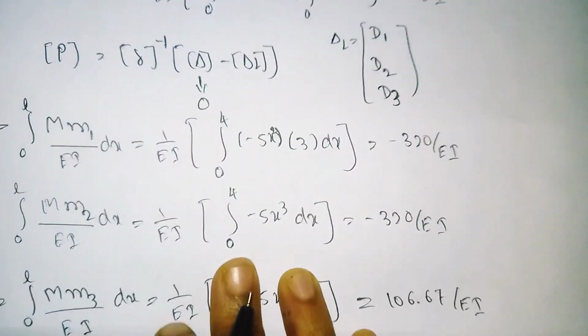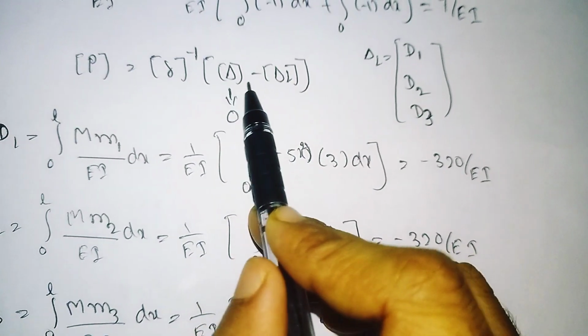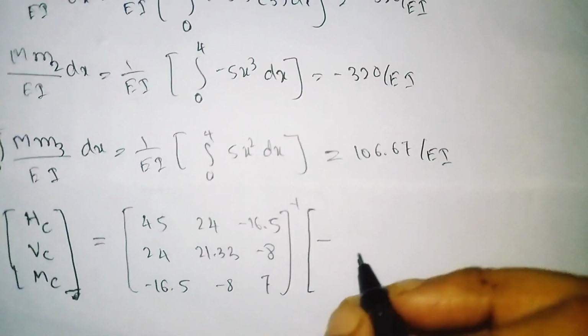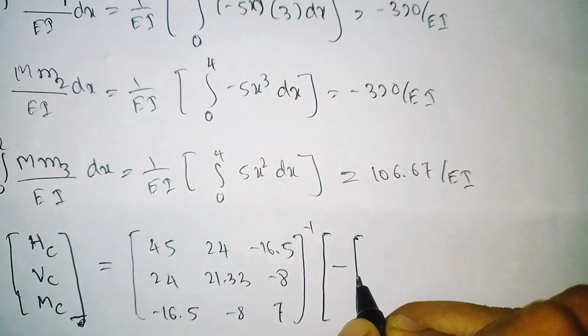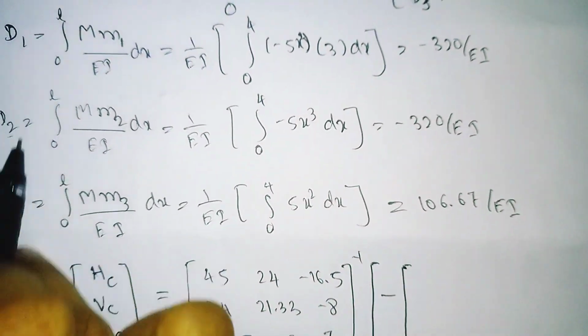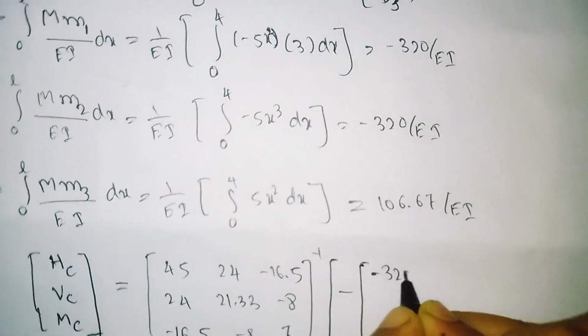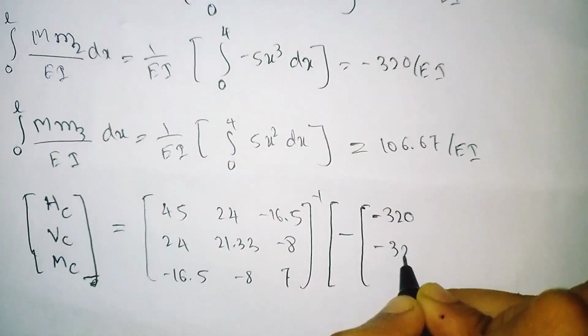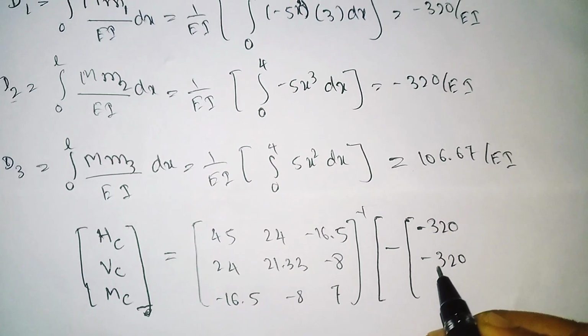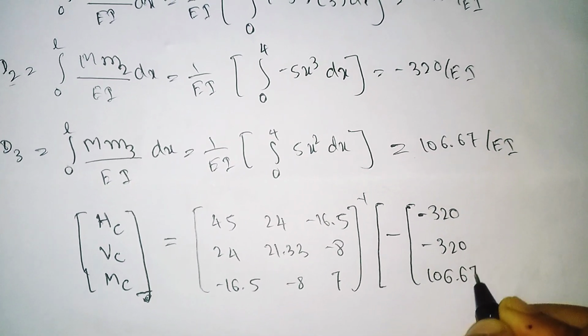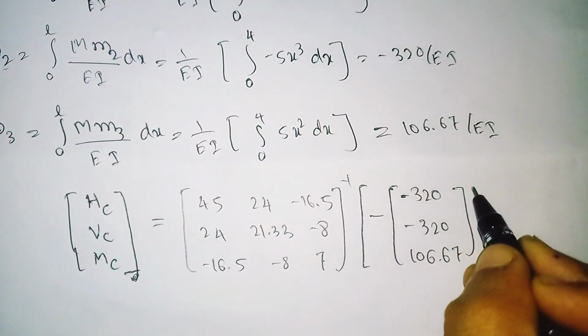This into minus of the DL matrix. Minus of our DL matrix is the values we have calculated: D1 is minus 320, D2 is also minus 320, and D3 is 106.67. Close the matrix.